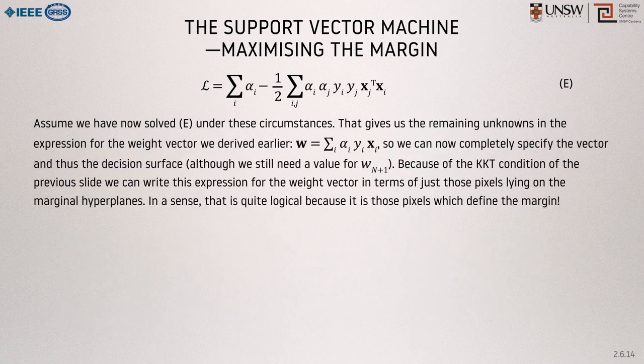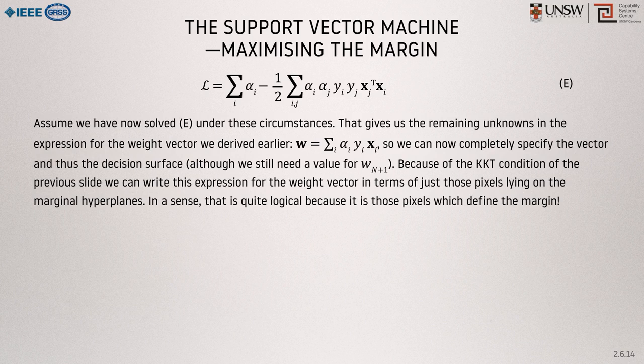We now have values for the relevant alpha subscript i. Thus we now know all the variables that define the weight vector, and thus, once we have found w n+1, we can define the decision surface, the central separating hyperplane.